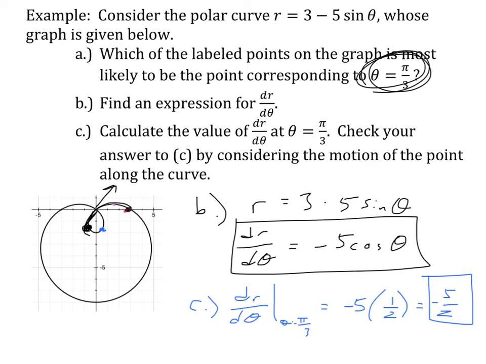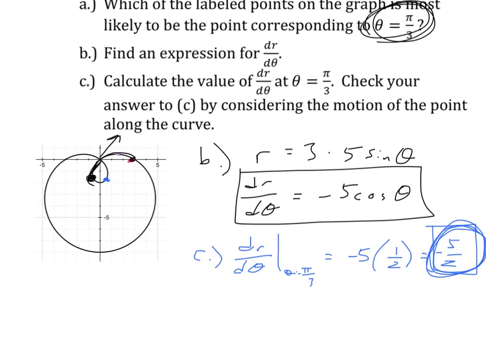We could check that by going, well, I know that dr d theta is negative. What is r? What if I were to take r, which was 3 minus 5 sine theta, and actually evaluate that using pi over 3?